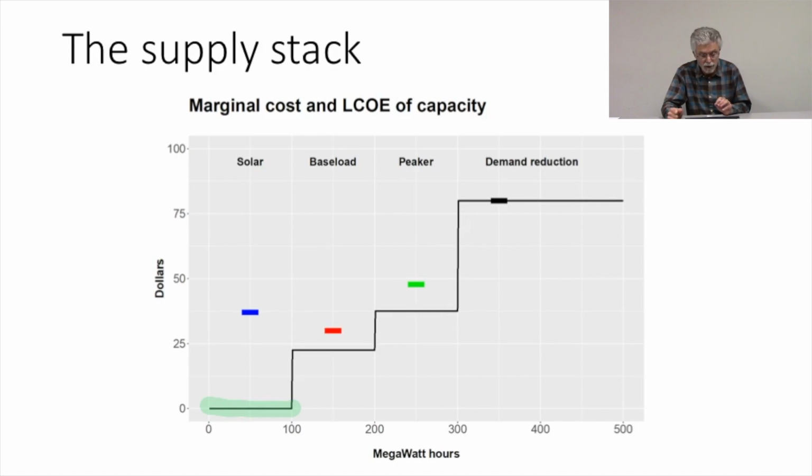If I needed 150, we'd step up the merit order stack and choose 50 megawatt hours from our baseload power plant. And if I needed another 100, I would finish out my 100 from baseload and jump up to peaker. In this way, by walking up the supply stack, I'm always choosing the lowest cost way of generating the amount of electricity I need.